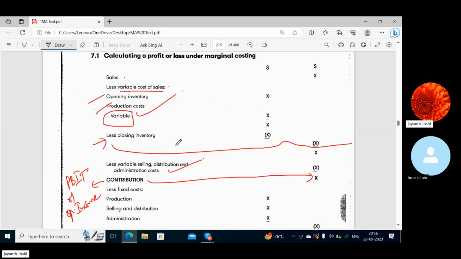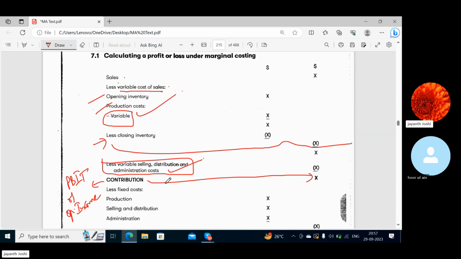Whatever is non-production cost is already under period cost. Period cost is taken under the profit and loss account as a normal expense.